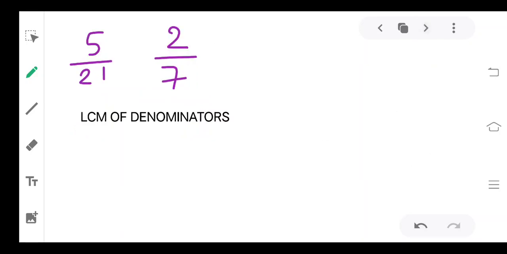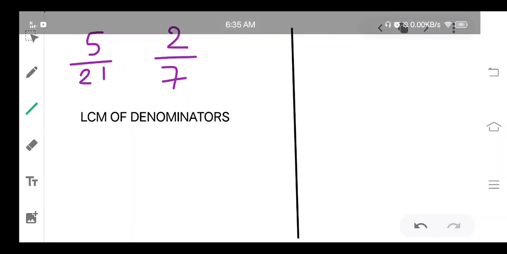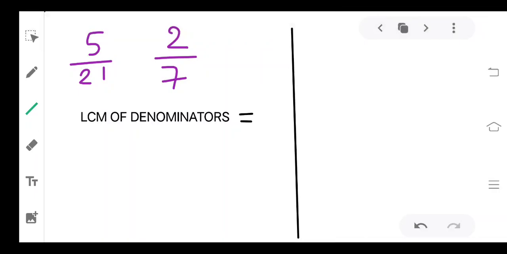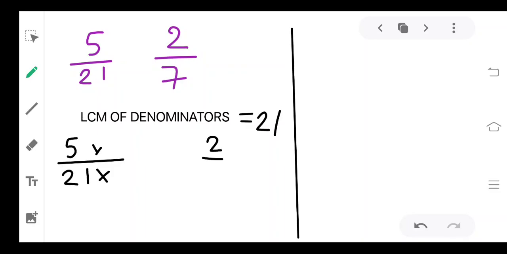Now we have to solve another sum with the LCM of denominators. So the LCM of the denominators 21 and 7 is 21. Sorry. So 21 ones are 21, as you know, and 7 threes are 21.